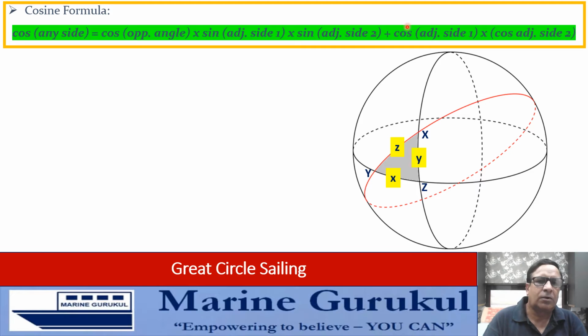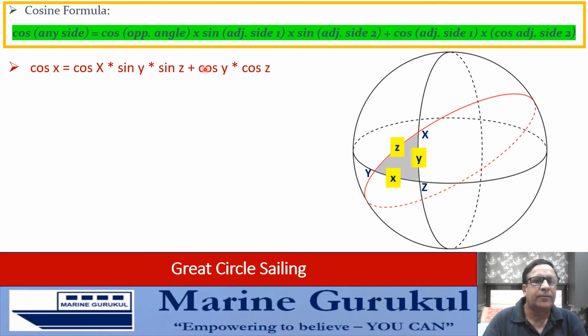Now let's write down the formula for all the 3 sides. If we write it for cos x, for this side YZ or small x, then opposite angle would be X, adjacent sides would be y and z, and the above formula can be written like cos x is equal to cosine of angle X into sine of side y into sine of side z plus cosine of side y into cosine of side z.